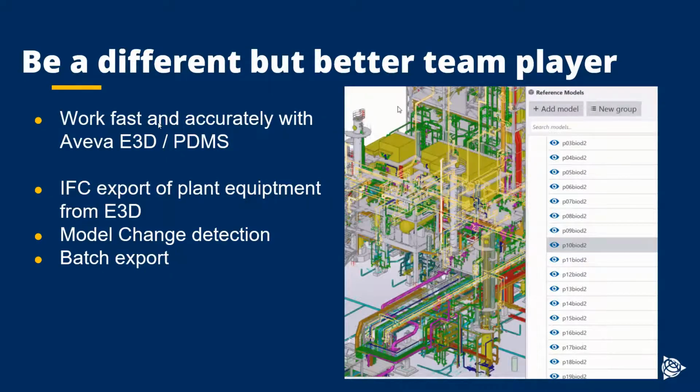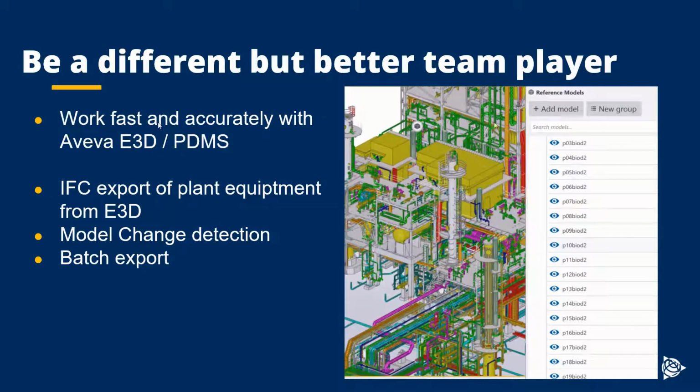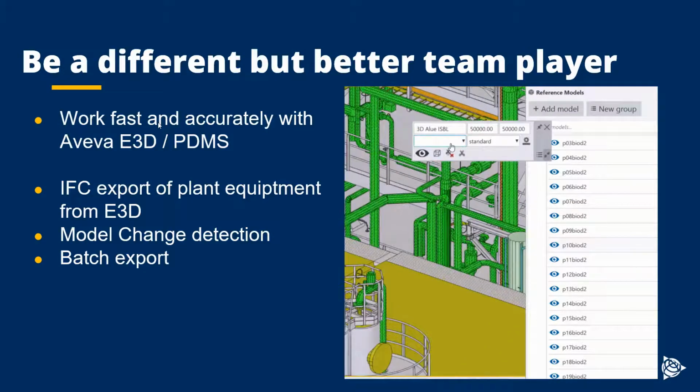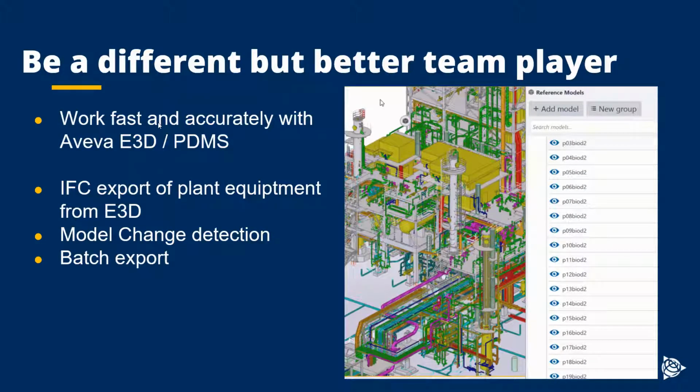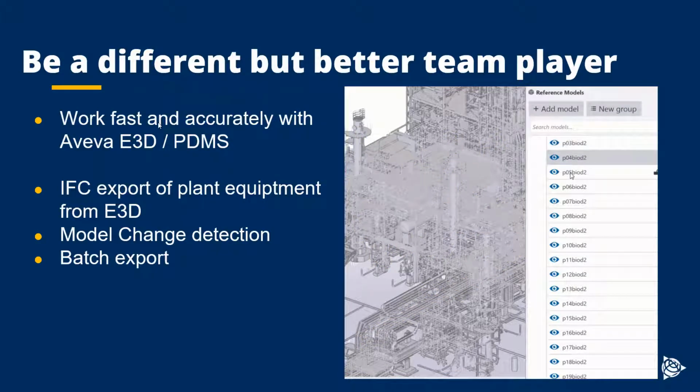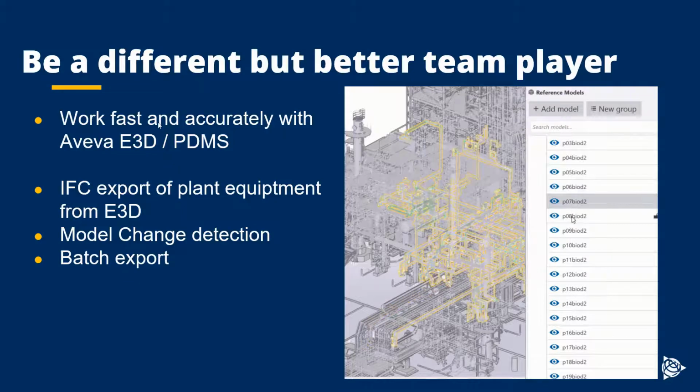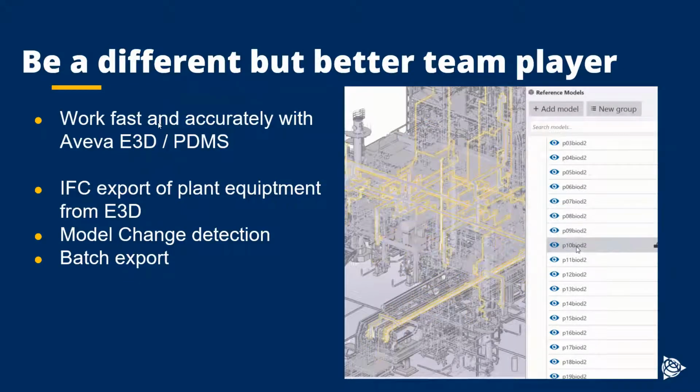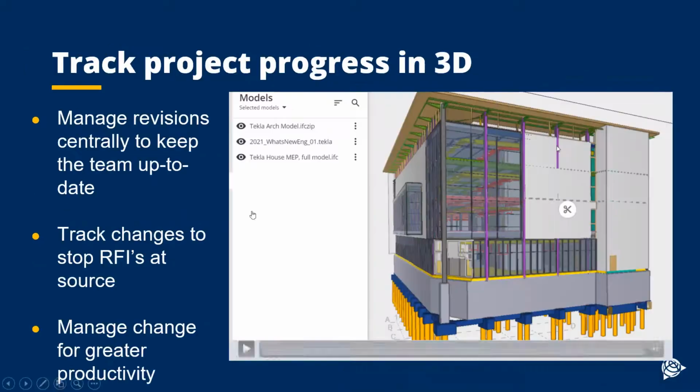So you can produce many different kinds of system files very quickly, and also the ability there to export the equipment either through the native Aveva IFC export or through the installation which we offer. So the native IFC will give you much better geometry, and so that way you can coordinate against that geometry with a high level of accuracy and reduce any conflicts and head RFIs off early.